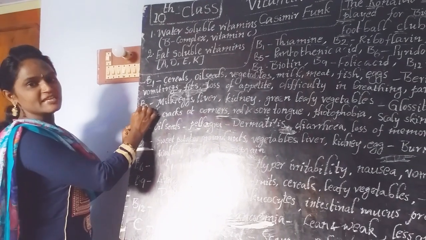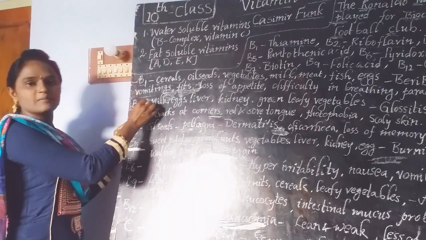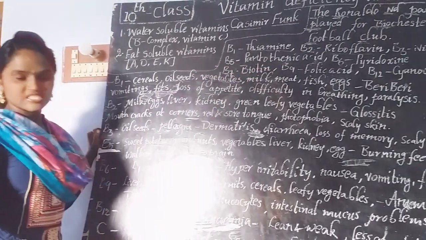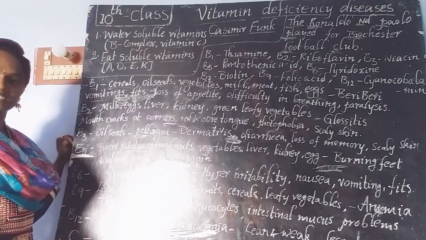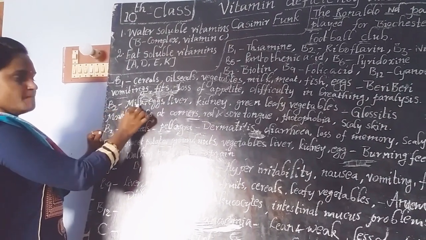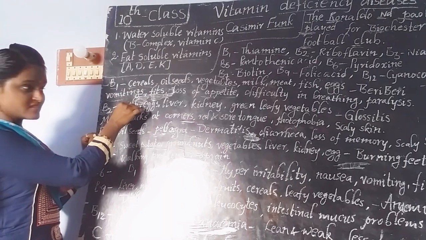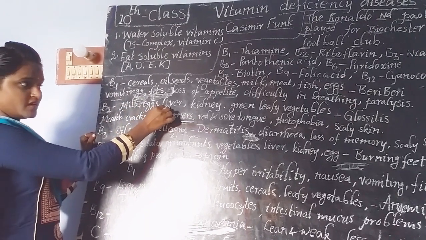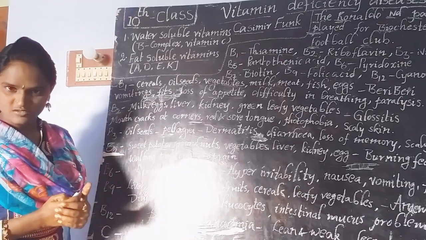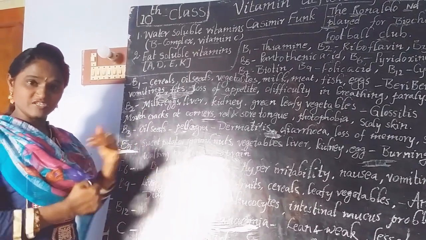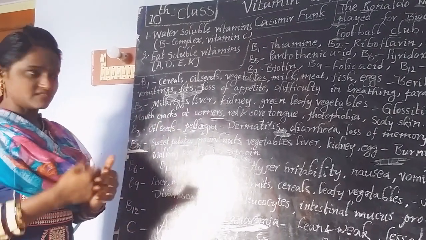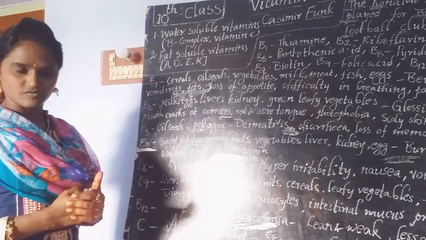What is that? B2. What is the scientific name of B2? Yes, riboflavin. Then what are the sources of B2? Milk, eggs, liver. Liver means the liver present in fishes, kidneys present in fishes, and in mutton we also get kidneys and liver.